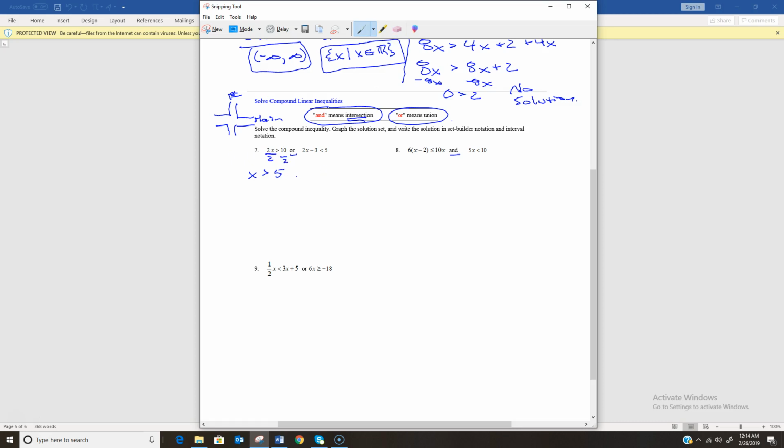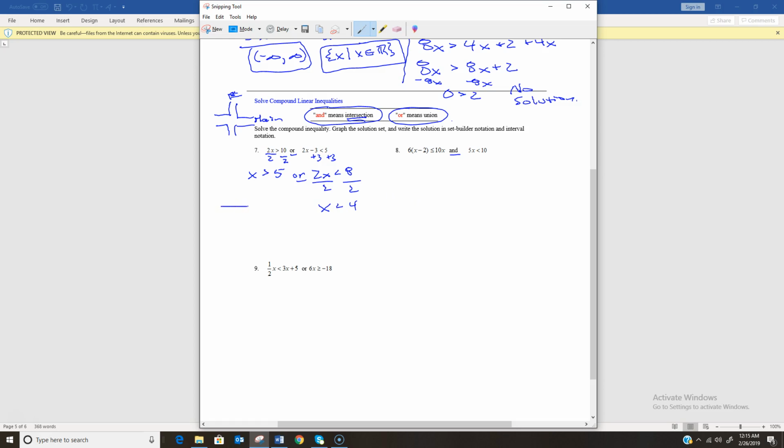Or, if I add 3, I get 2x is less than 8. Divide by 2, x is less than 4. So if x is greater than 5 or x is less than 4, we're going to include it.